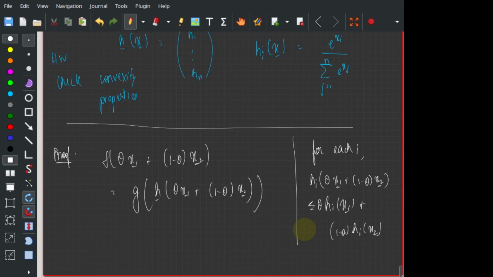So if you view the h vector component-wise, h of theta x1 plus 1 minus theta x2 is less than or equal to theta times h of x1 plus 1 minus theta times h of x2. And what do we know about g? G is non-decreasing. So this is less than or equal to g of theta times h of x1 plus 1 minus theta times h of x2.